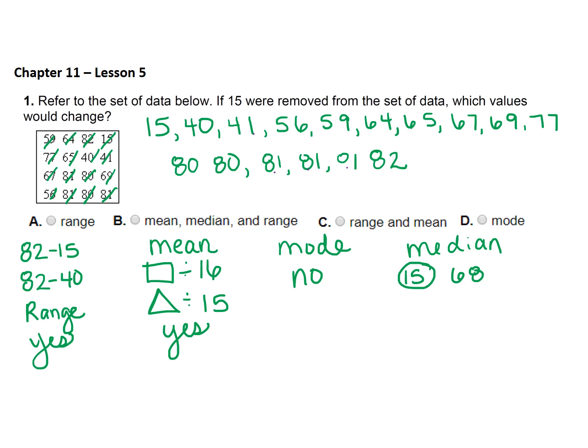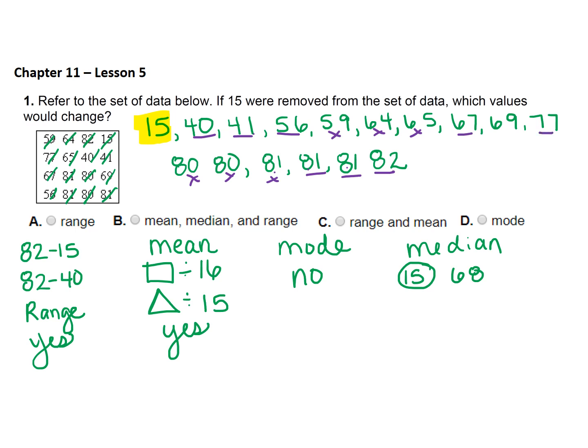Now let's find the median without 15. Left, left, left, right, right, right, and so on.